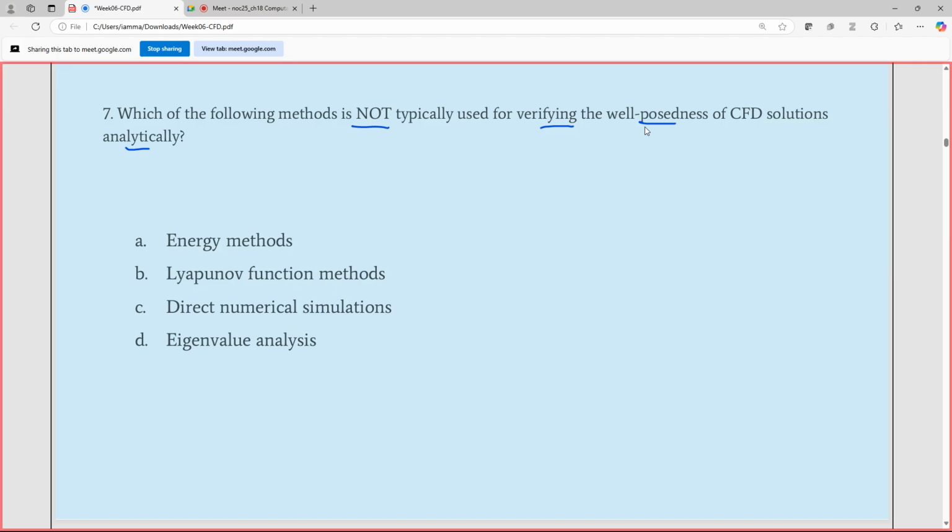Options are option A, energy method, option B, Lyapunov function methods, option C, direct numerical simulations, option D, eigenvalue analysis.